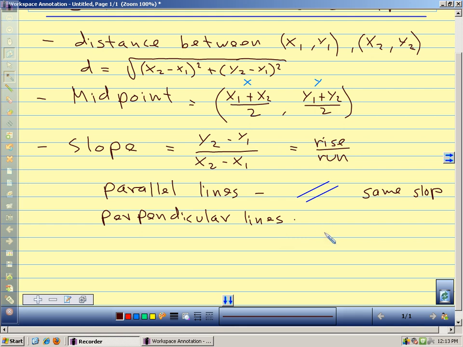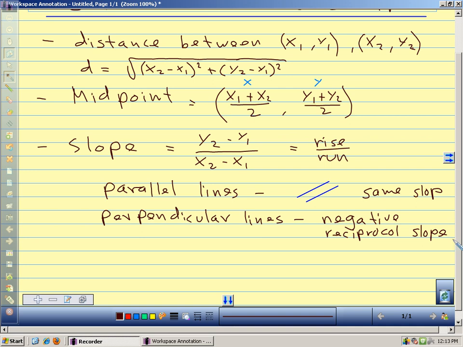So what we call that is negative reciprocal. We flip the fraction and change the sign. So those are a couple of things that we might need to know using coordinate geometry.